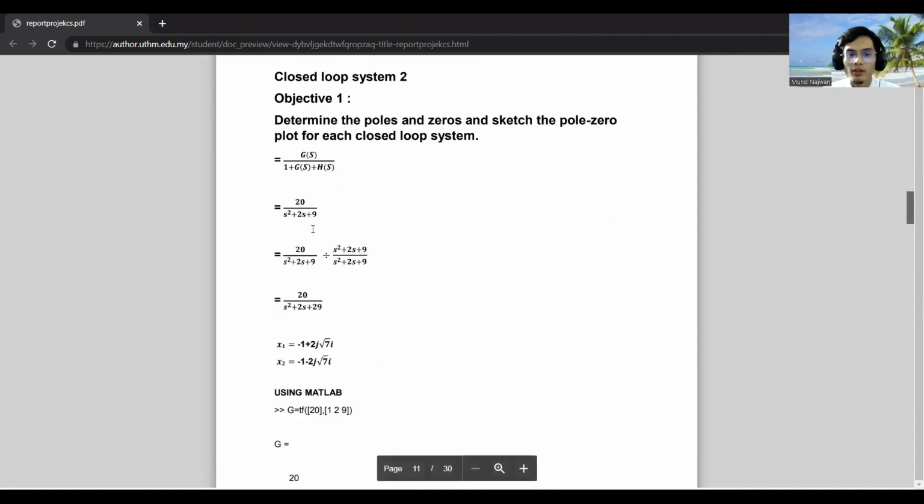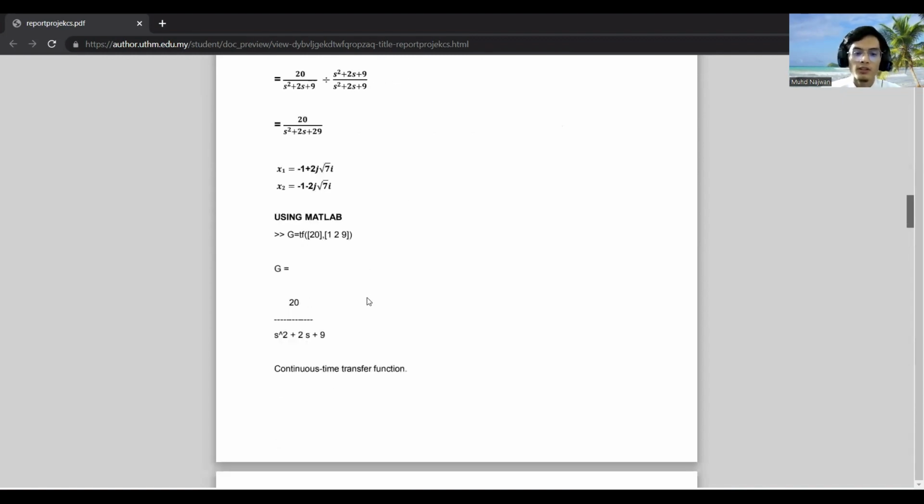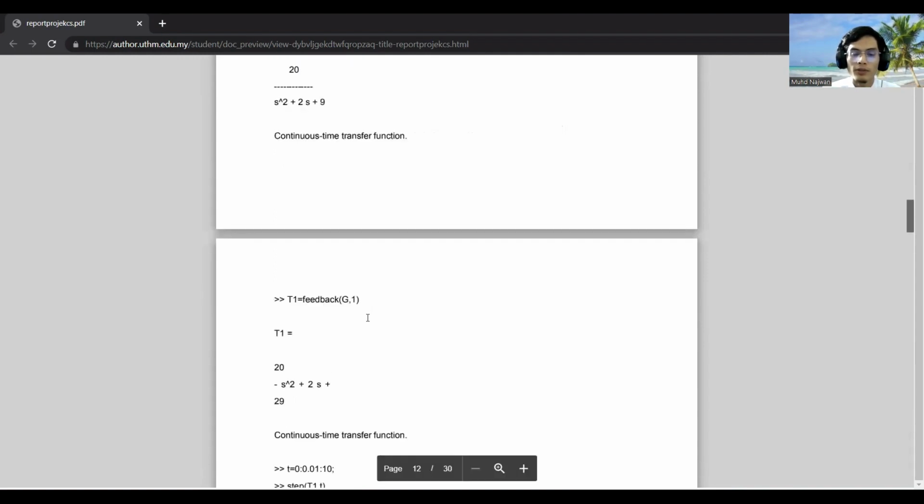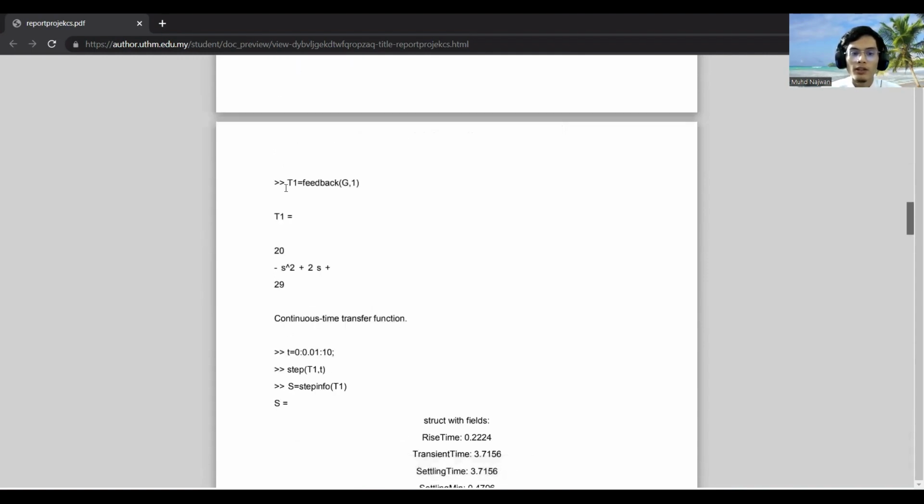It's the same equation as previously. To find the feedback, we declare T1 equal to feedback(G,1), so that we can get 20 over s squared plus 2s plus 29.